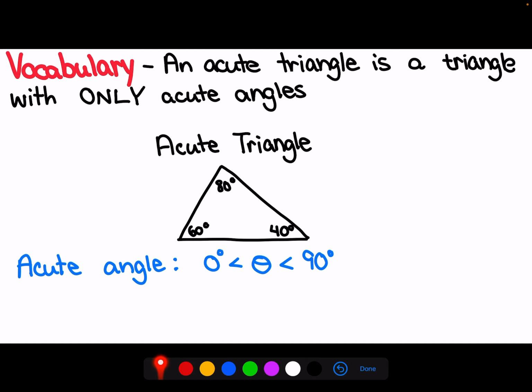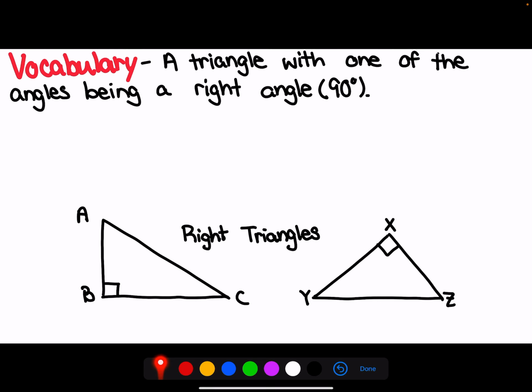The next type of triangle that we have is a right triangle. It's very important that we get all the terminology in this and memorize this as soon as possible, because we're going to be working towards HL in just a little bit. And it's very important that we know all these different sides of a right triangle when we're dealing with HL. So, a triangle with one of the angles being a right angle, meaning 90 degrees, is a right triangle.